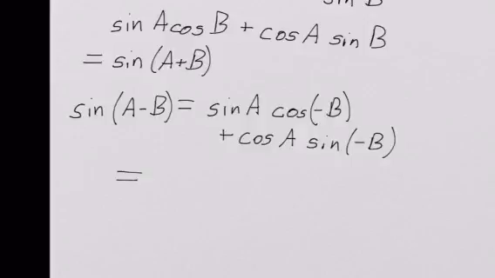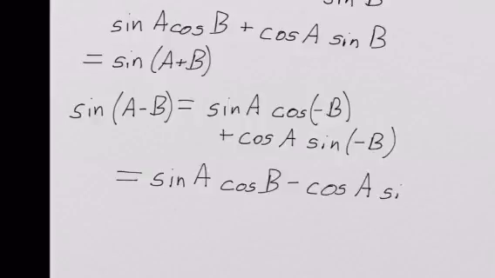Cosine of negative b is just cosine of b. So we stay with sine of a cosine of b. Sine of negative b is negative sine of b. So if I bring that negative sign out front, I get minus cosine of a sine of b.